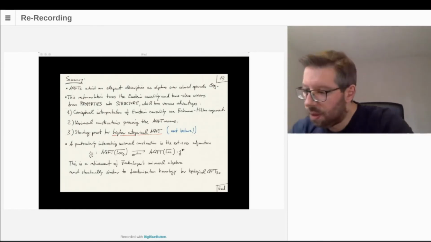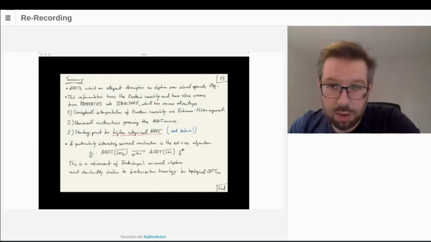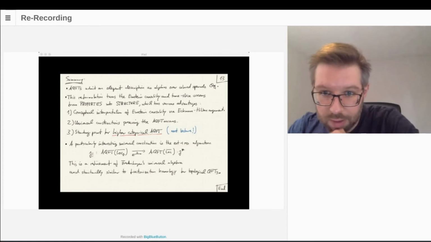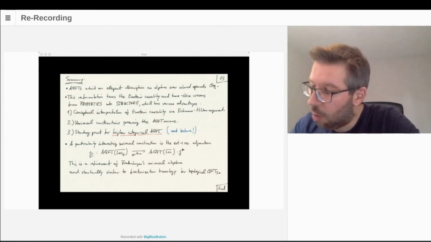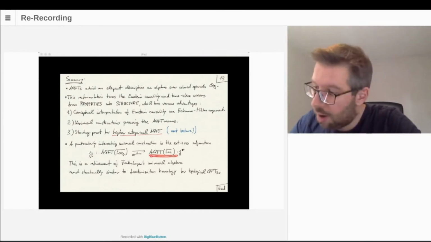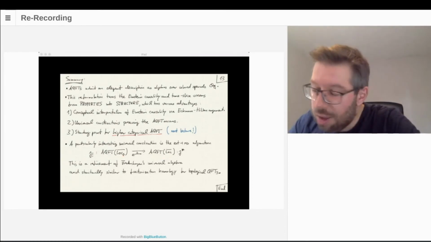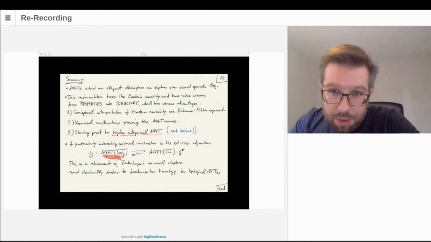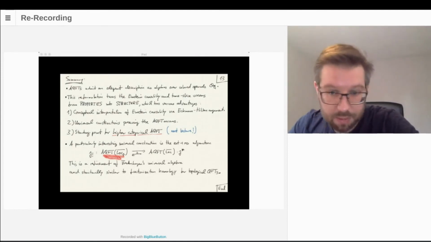Now, a particularly interesting universal construction is the extension-restriction adjunction I discussed in some detail. It goes between AQFTs on all spacetimes and AQFTs on diamond spacetimes, so spacetimes whose underlying manifold is just R^m.